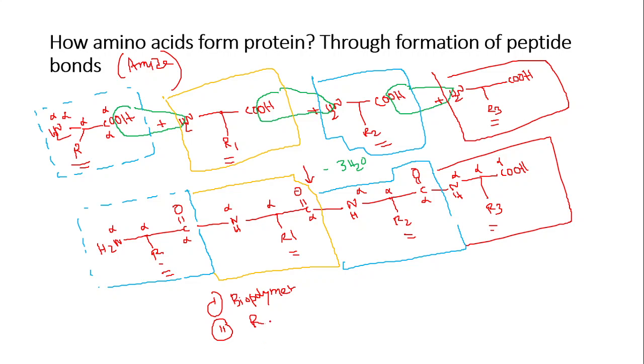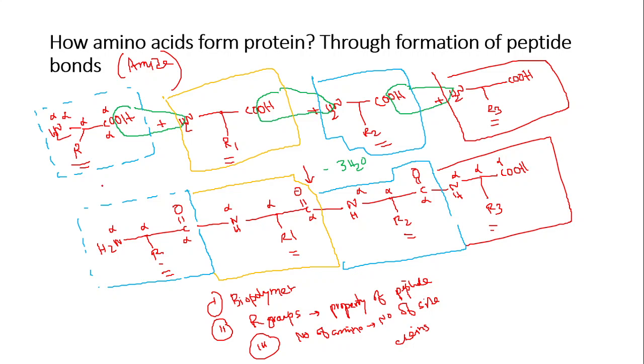R groups define the property of the peptide or protein. The third thing is that you can tell the number of amino acids by the number of side chains. We just discussed this: you can see there are 4 side chains, so there must be 4 amino acids present.